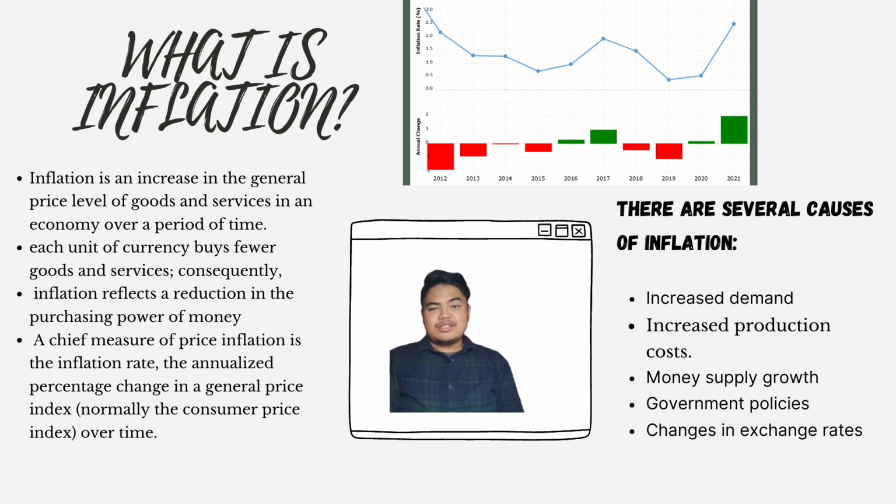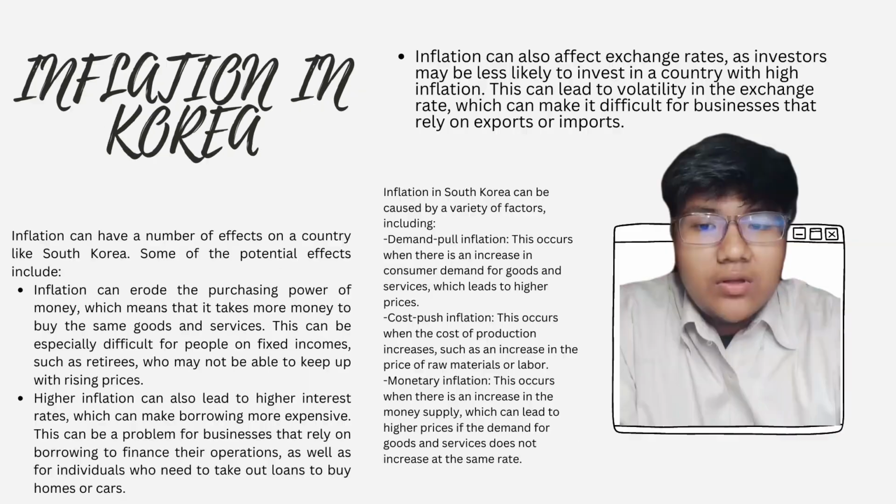But Korea had a significant change, growing to 0.97%. For the next two years, the annual change decreased again to negative 1.09% in 2019, and increased again to the highest point, which is 1.97% in 2021.